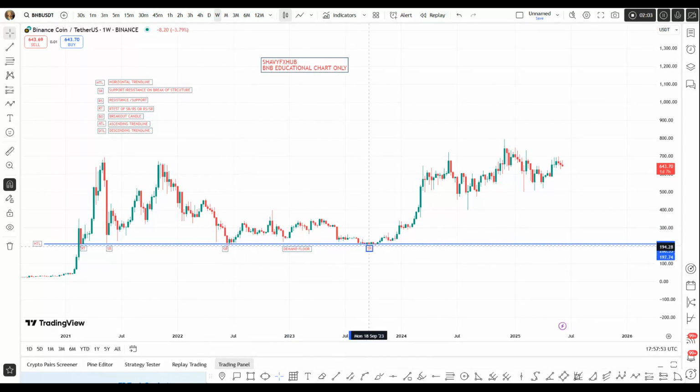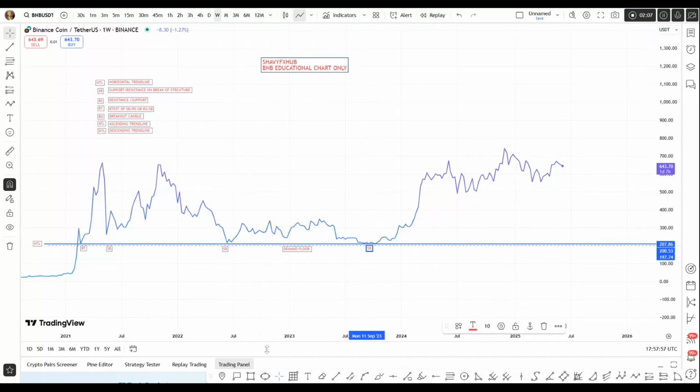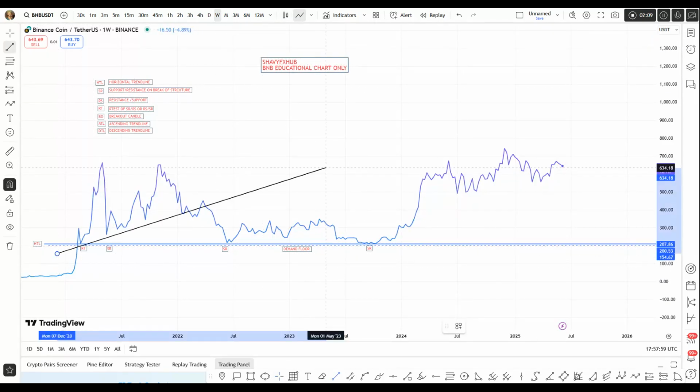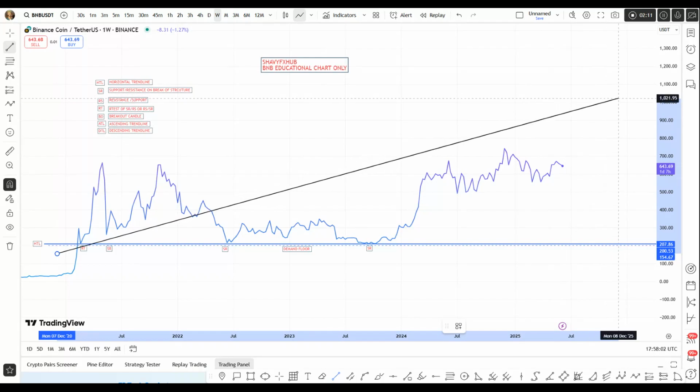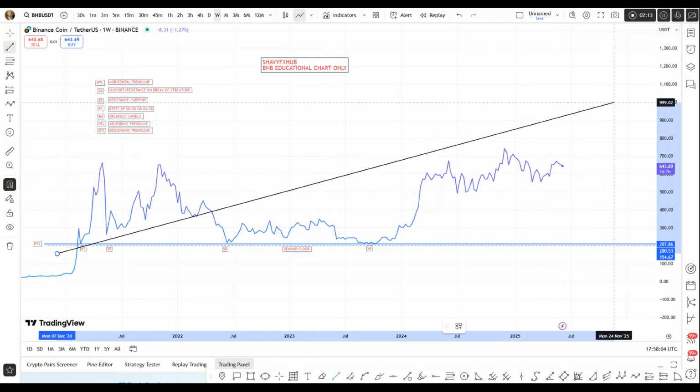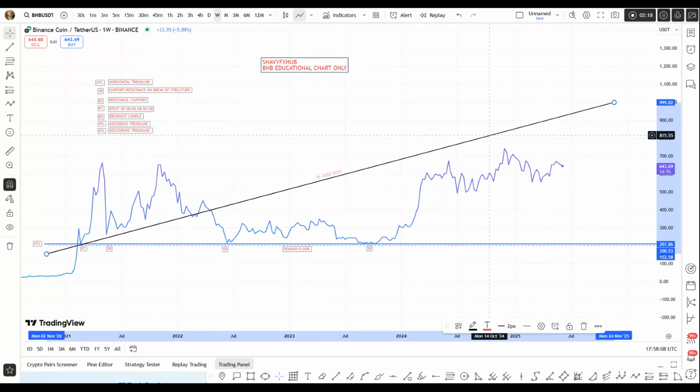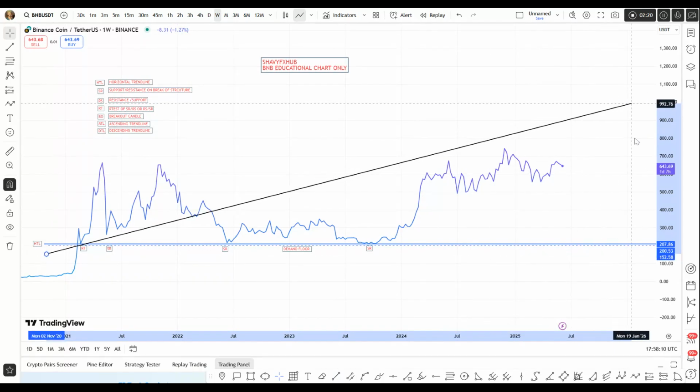And in September 2023, you have seen that surge in price. You go back to your line chart, you see we have another ascending trend line here, ATL, followed by a breakout.